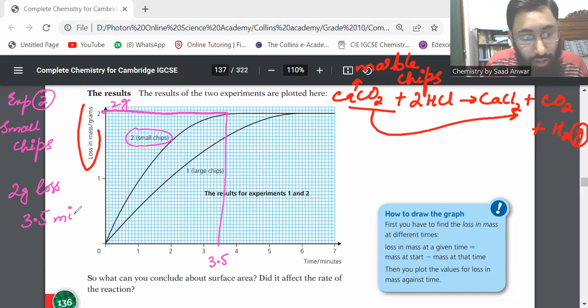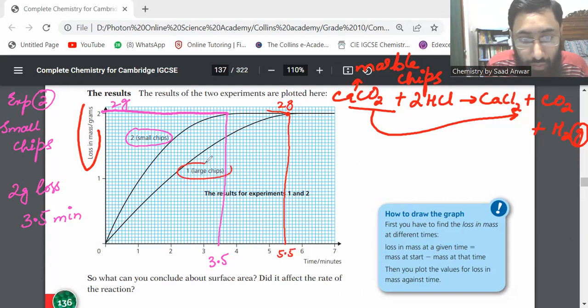Okay, now see, this is again 2 gram loss, but the time taken for 2 gram loss is here, you can say 5.5.